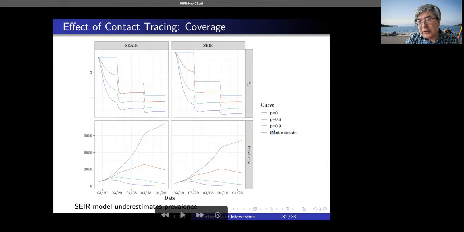What we believe the estimated transmission rate is the red curve, but if we double the coverage, it's this curve. And then if we triple the coverage so that we cover most of them, then we can actually even control the epidemic in the first period. But because of the asymptomatic cases, the symptomatic cases are only about 30% of all the cases.